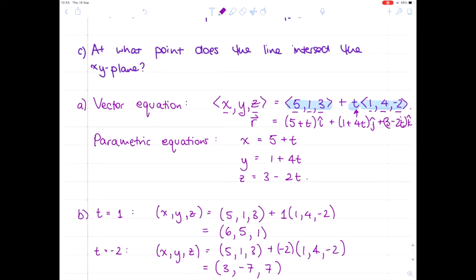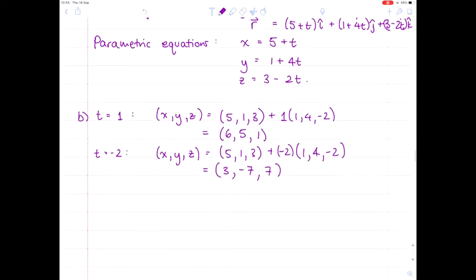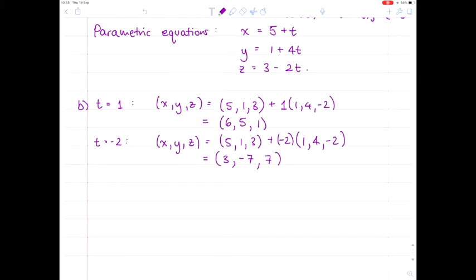So the final question here is we'd like to know at what point does the line intersect the xy plane? Visually, what we've got happening here is we've got our coordinate system and we've got our line. I don't know exactly how it looks, but suppose it looks something like this.